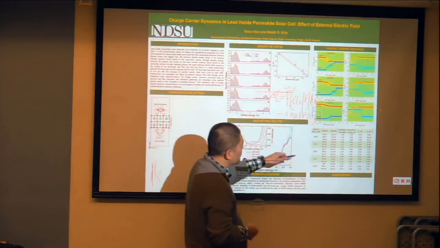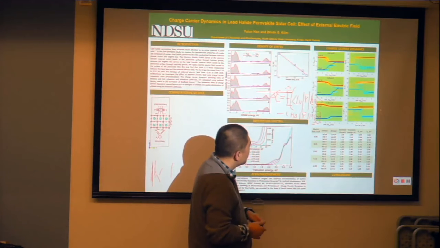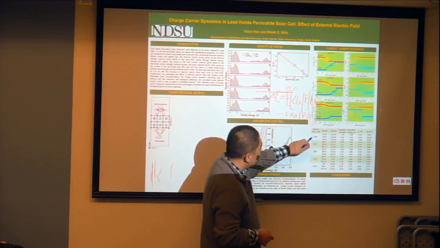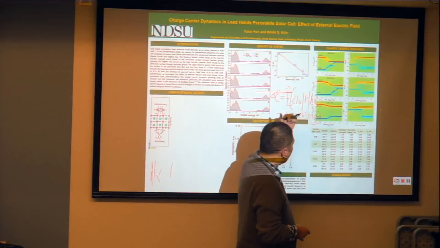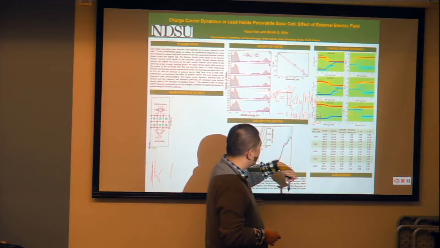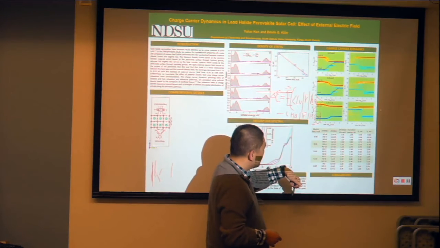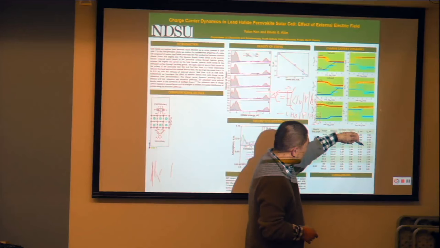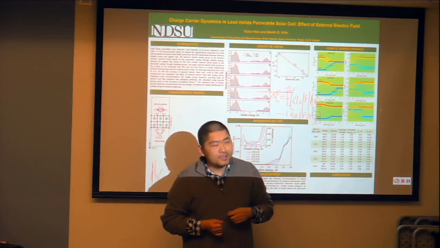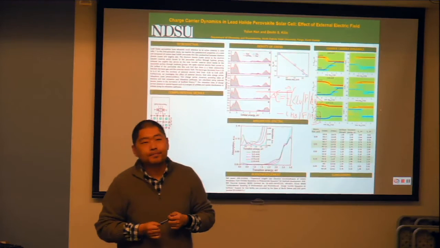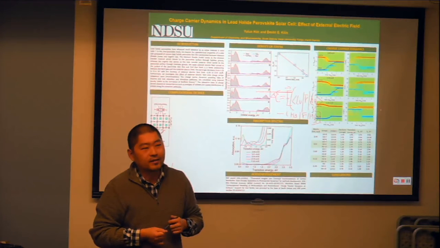Since the trend is a little bit weird, at 0.05 the rate for electrons will be very high. But if we decrease the electron field, the rate decreases a little bit, but finally it just equals. So I guess maybe there are several factors.